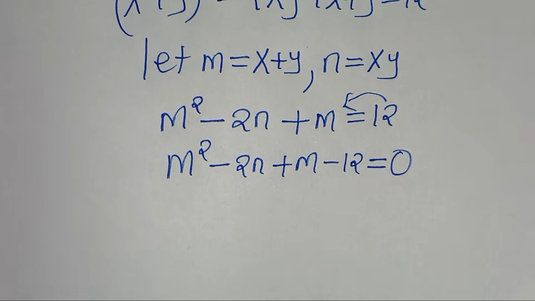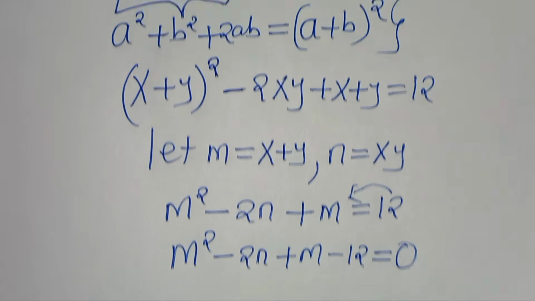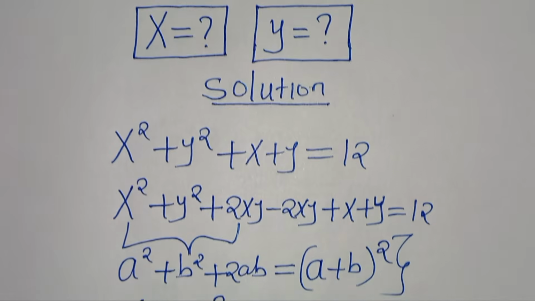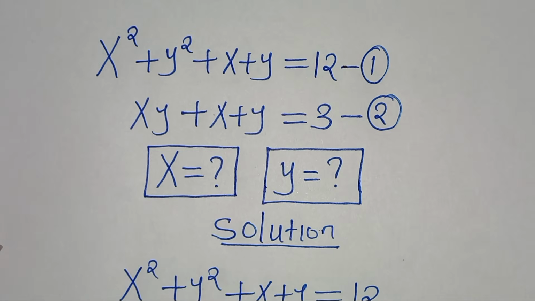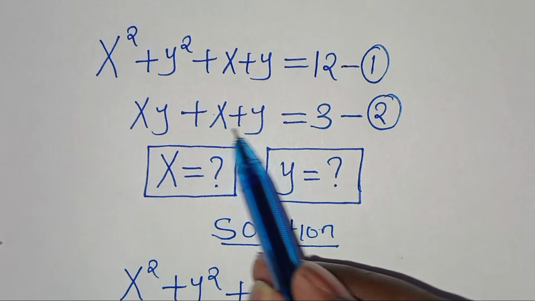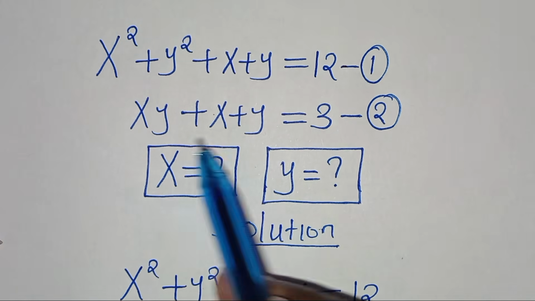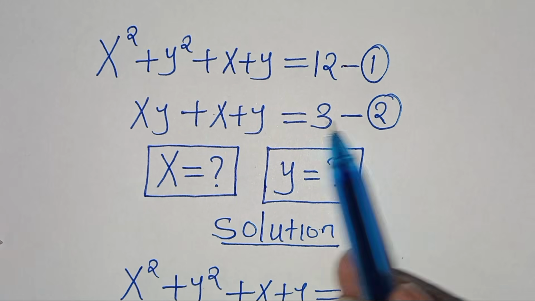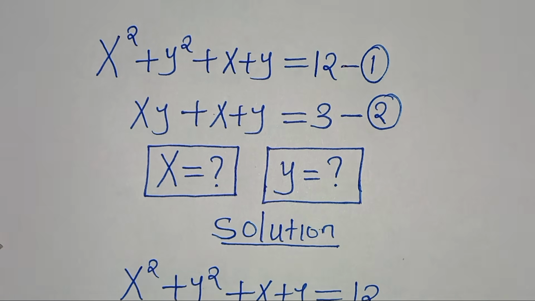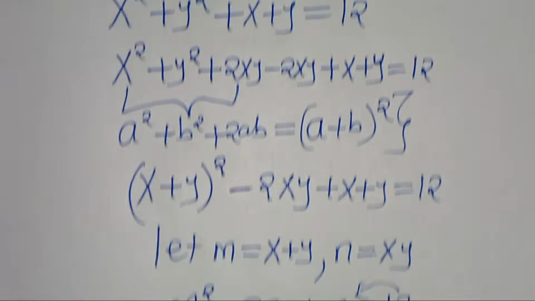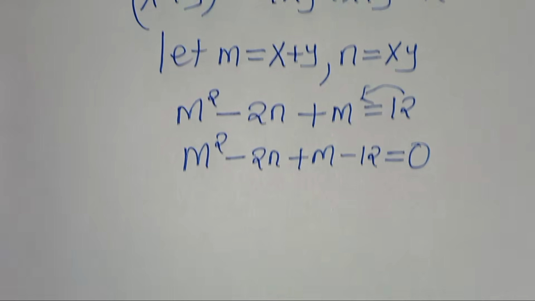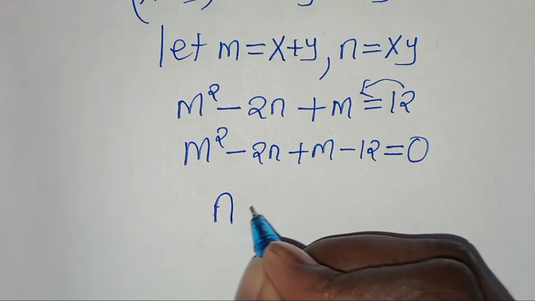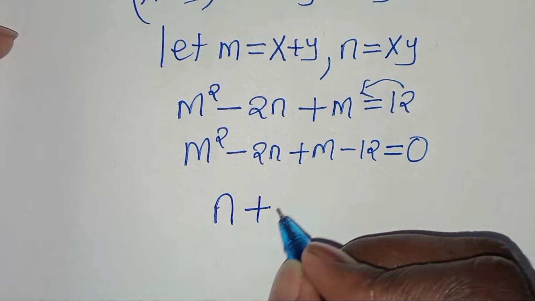Now, from equation 2, we have xy plus x plus y. This is equal to 3. Let's express this equation 2 in terms of m and n. So here we have n plus m.